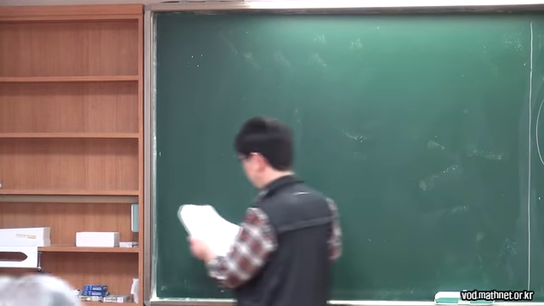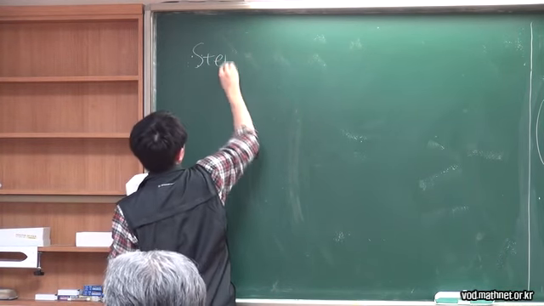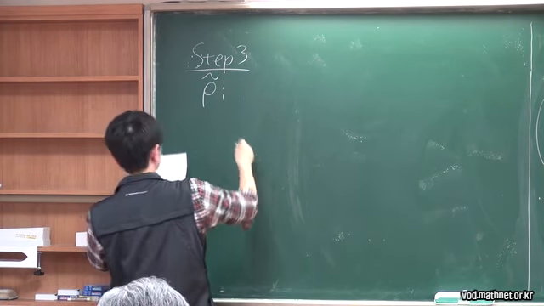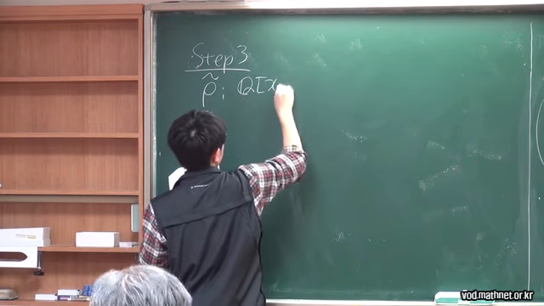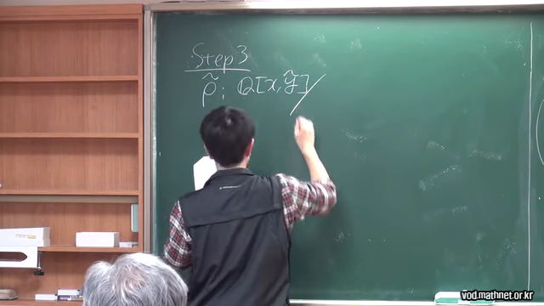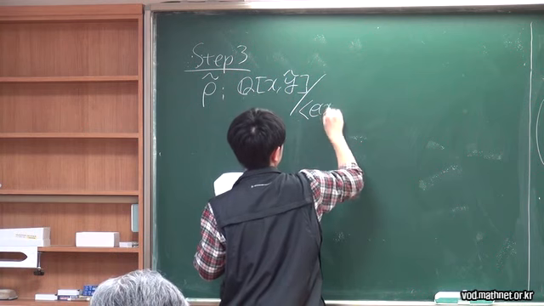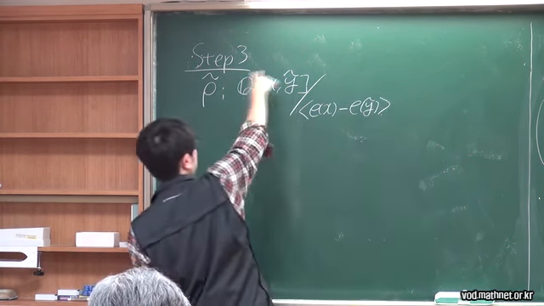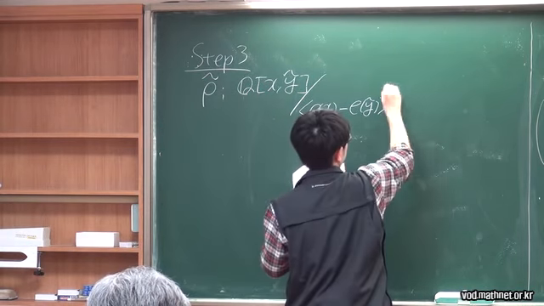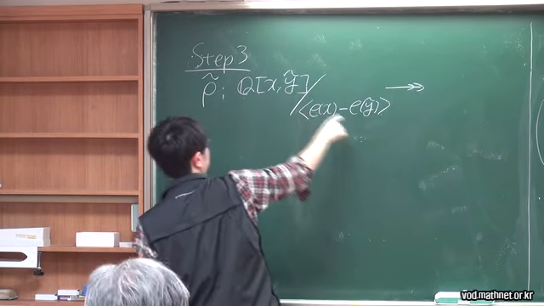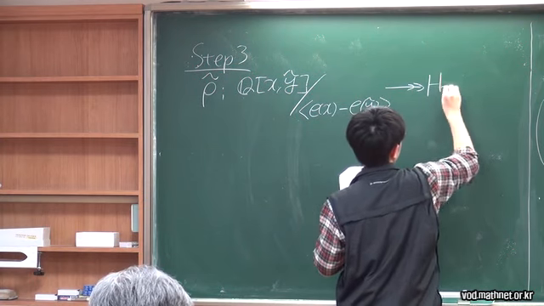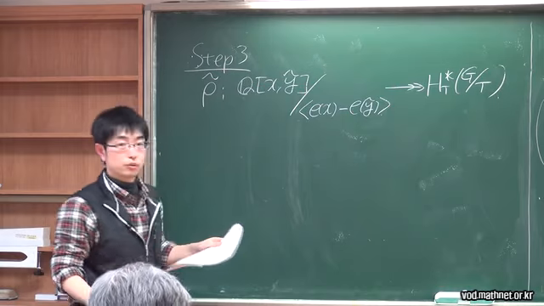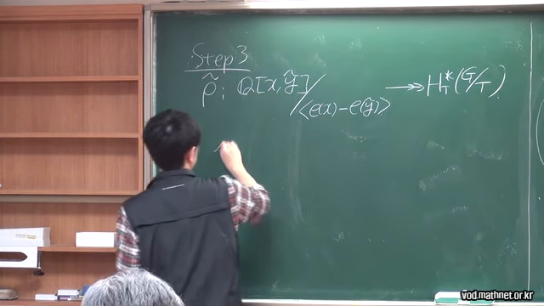And the third step, this is just a tensor algebra. Now we've already obtained this kind of surjection. We've already abbreviated it by this notation, and rho is induced by this surjection. And finally, in the final step, we want to prove this is a ring isomorphism.